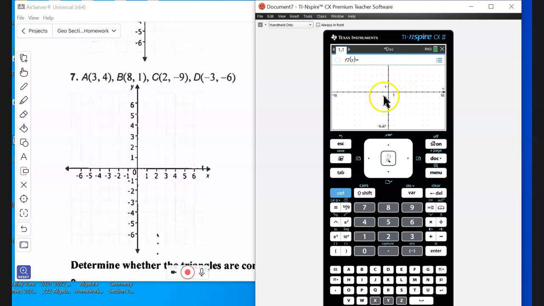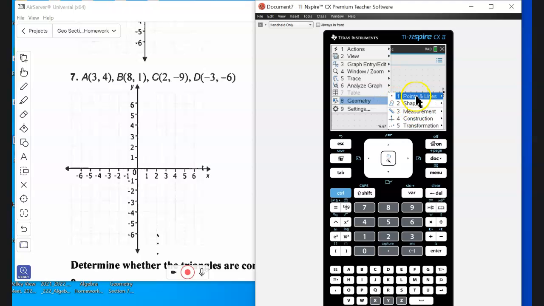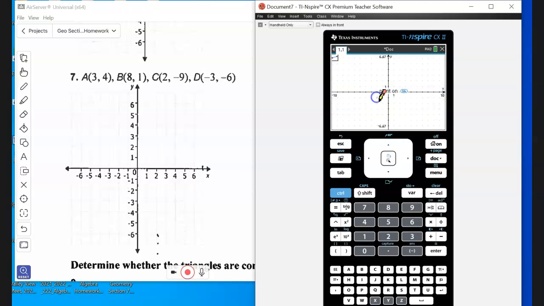So there's my graph. I'm going to construct all these points. I'm going to use segments. So Menu, Geometry, Points, Lines, and I'm going to use segments.